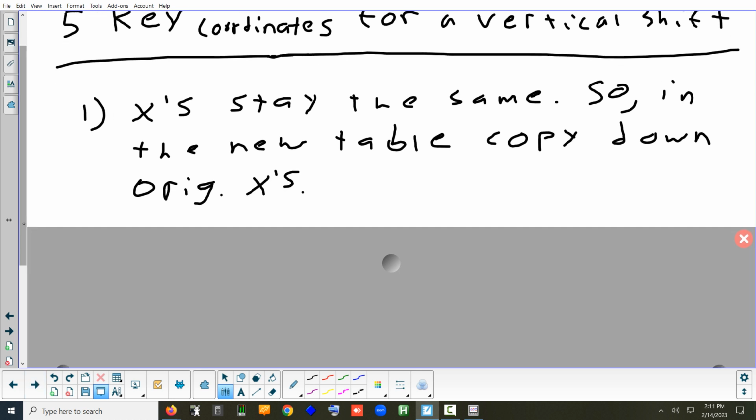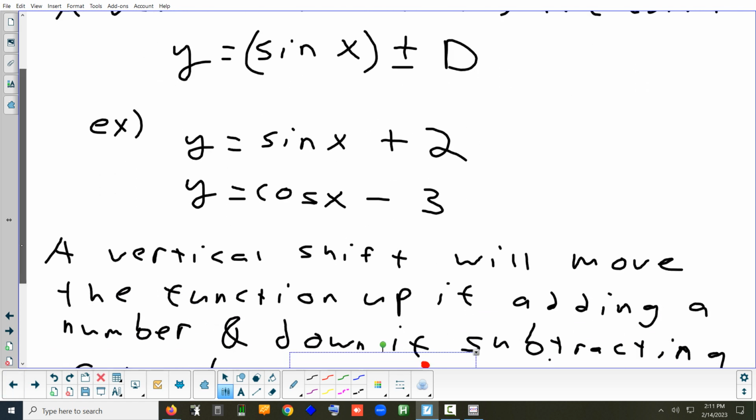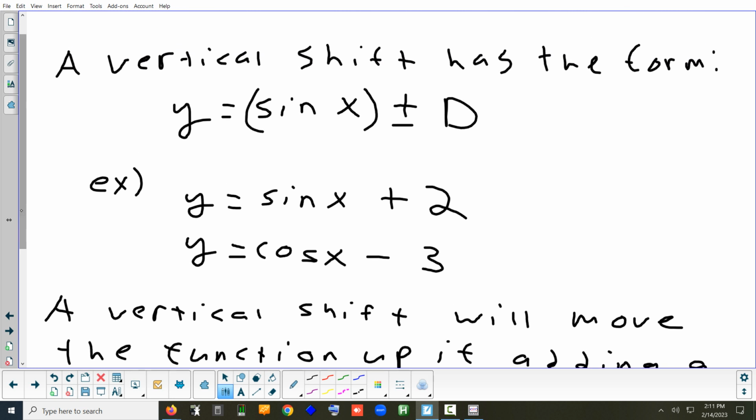Now, when we get an amplitude change, all we had to do is take the number that was in front and multiply it by the old y values. This time, it's even easier. All we have to do, instead of multiplication, is addition or subtraction.